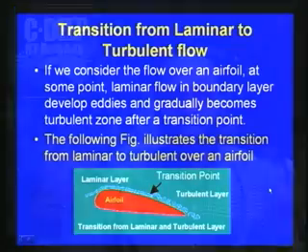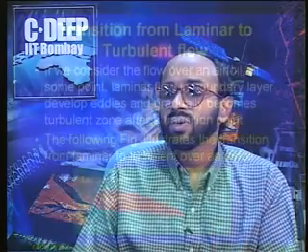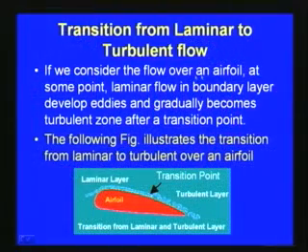Now we have already seen how the transition takes place with respect to a flat plate. Initially, when the free stream velocity hits the leading edge of the flat plate, due to the shear effect and viscous effects, a boundary layer is formed. Now consider the flow over an airfoil.